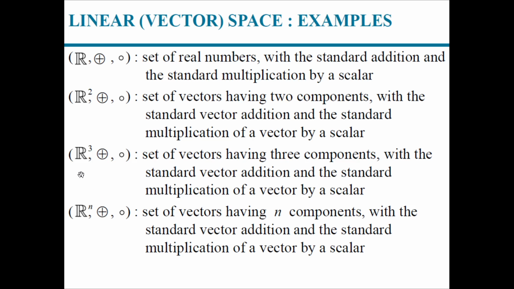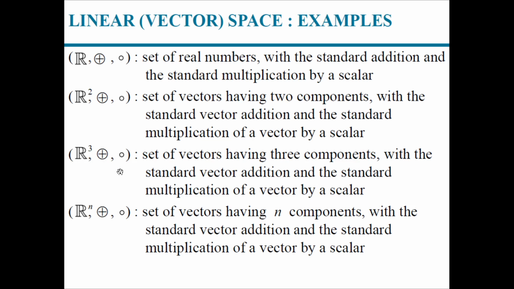So you see what's happening. I have a set, here R3, let's say, that contains objects, in this case vectors with three components. And then I have an operation of addition, how I add objects, how I add vectors with three components. We already learned that. And how do I multiply them by a constant? We also learned that. So those are the operations that I need on my objects, on the vectors here with three components.